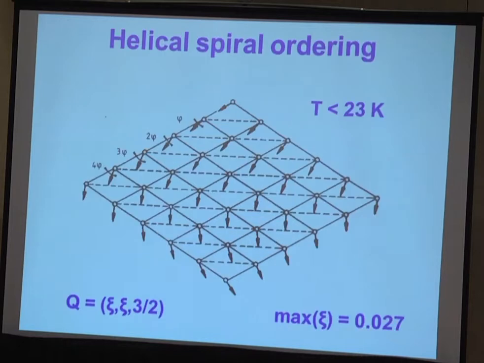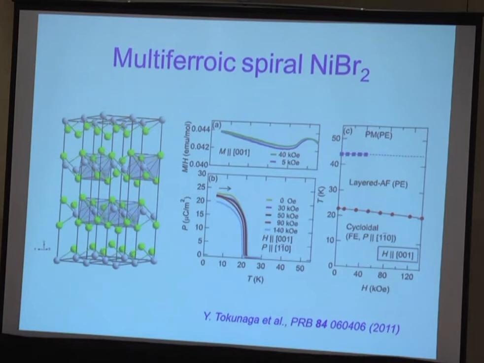If you go lower in temperature, below 23 Kelvin, it develops an incommensurate modulation in the planes. Again, between the planes the coupling is antiferromagnetic. Now, this is a multiferroic material, so in the spiral state below 23 Kelvin, the Paul Scherrer group observed an electric polarization.